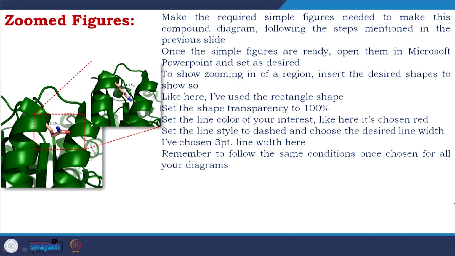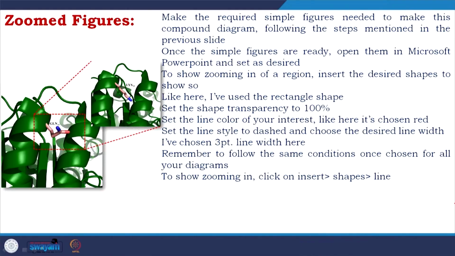Continuity again shows the maturity of the author who is writing the manuscript and creating the figures, or describing a project as an undergrad, as a masters student you do projects. When you are representing the project results, if you maintain continuity in figure making, that shows how good you are, how mature you are.